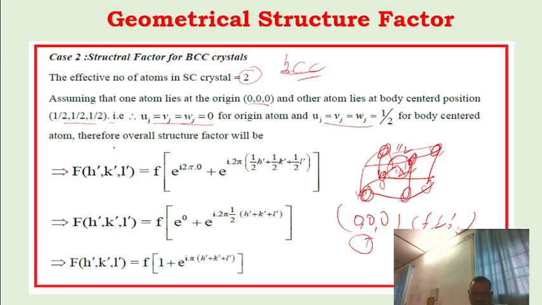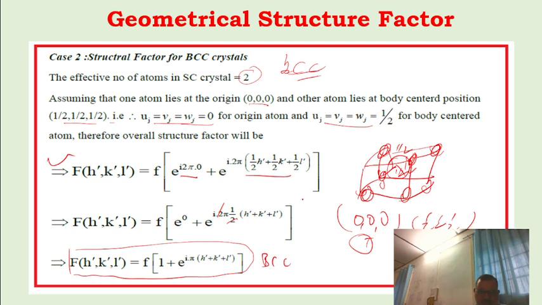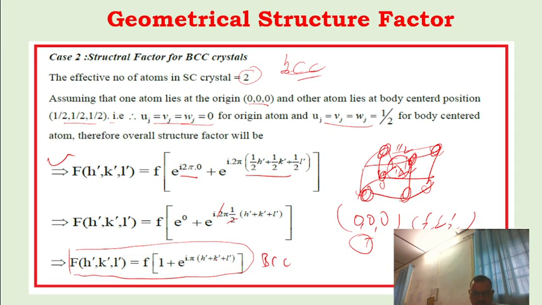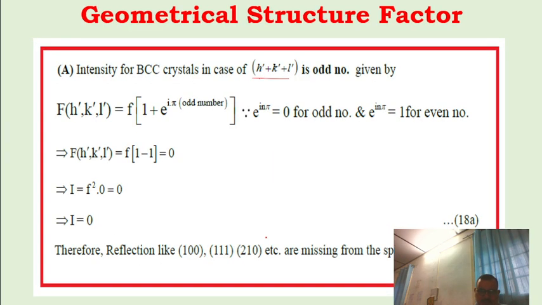If these are the coordinates, then your structure factor will become, for the first 0 0 0 we have this equation, and for the half, you can calculate, this is exponential iota pi. So this is the total scattering factor for BCC. So two cases arise, depending on the exponent, that is h dash k dash l dash in the previous equation. This is very important, this will decide the game.